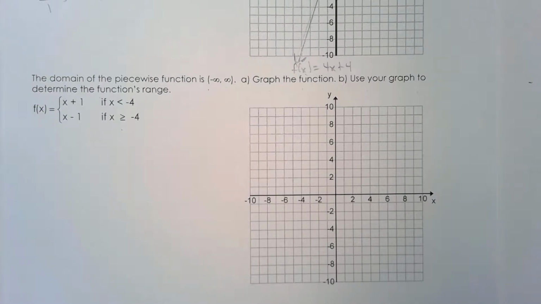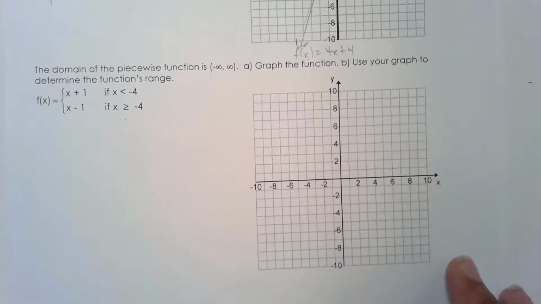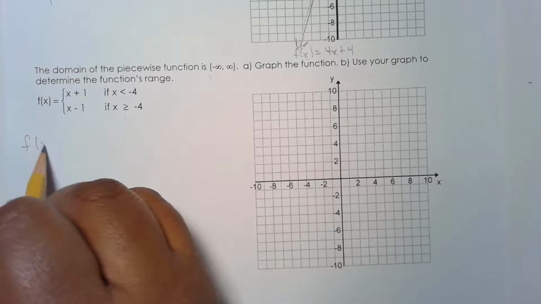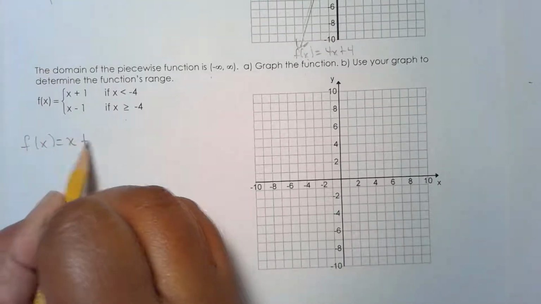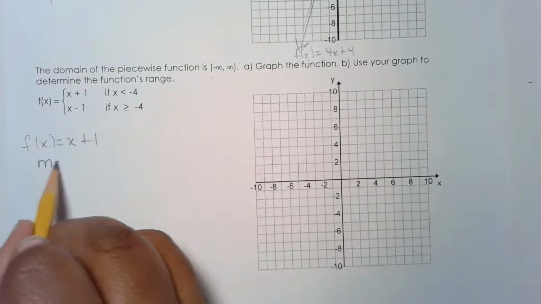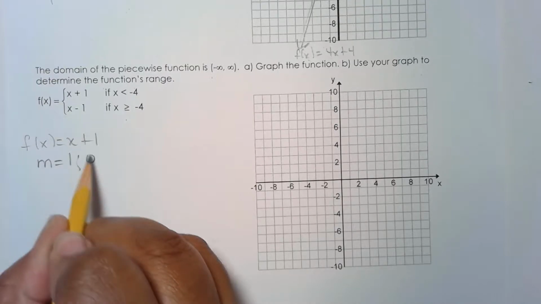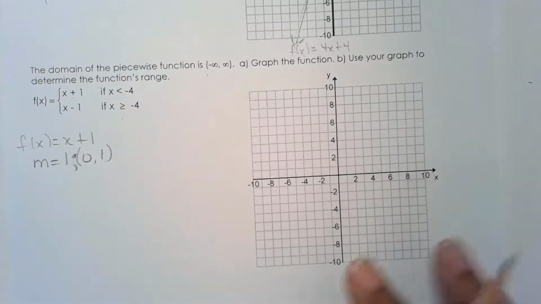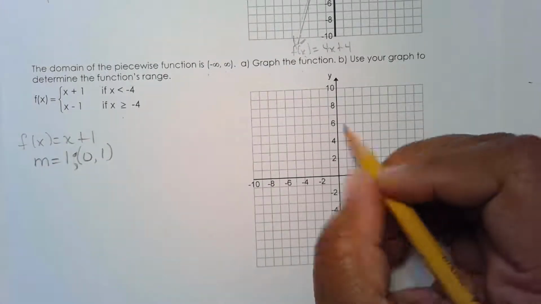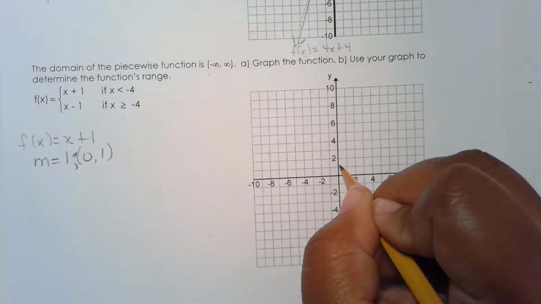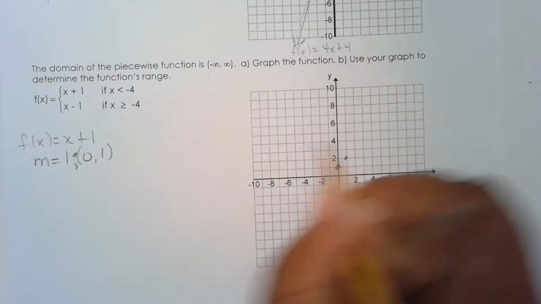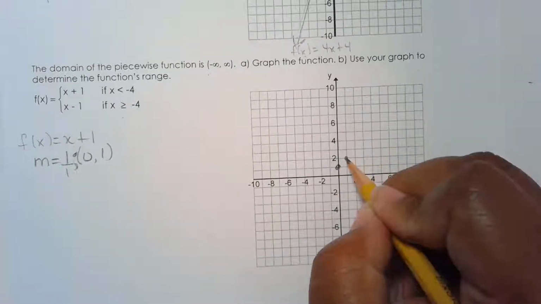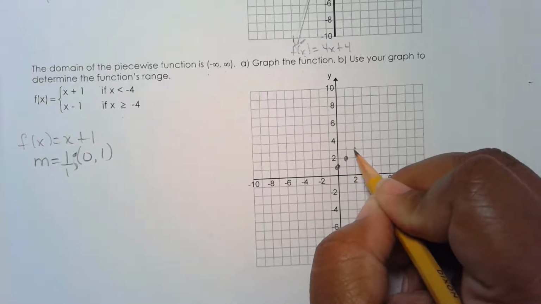So our first function, we have f of x is equal to x plus 1, where the slope is 1. The y-intercept is at 0, 1. So let's go ahead and graph this. We start at 0, 1, go up 1, over 1, rise and run, up and over.